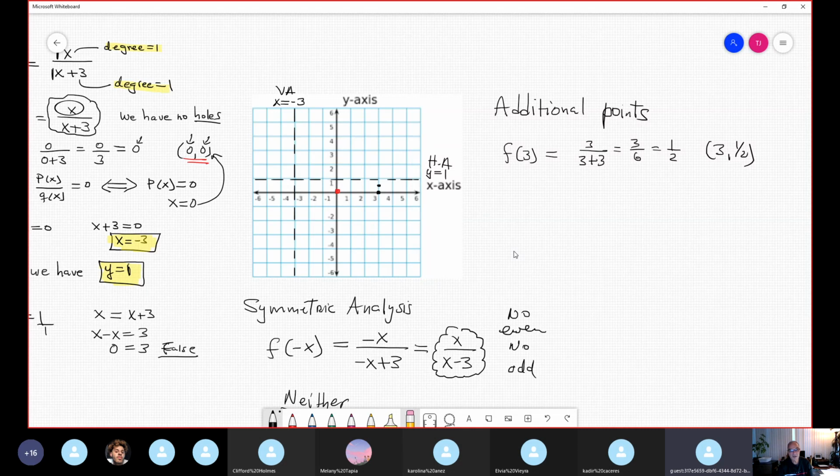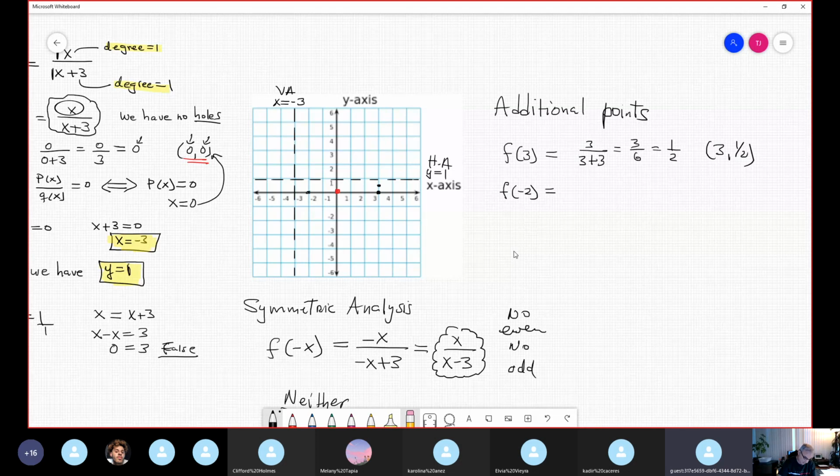Okay, super. I select, why not, another point in the second interval, in between the vertical asymptote and the x-intercept. Suppose negative 2. And you evaluate the function at negative 2. Remember, I need to evaluate both positive and negative because the function is neither, no symmetry.